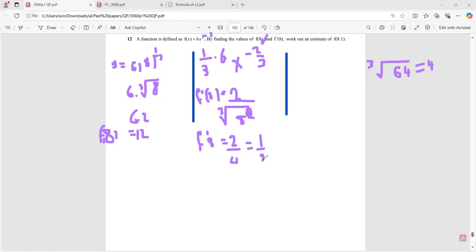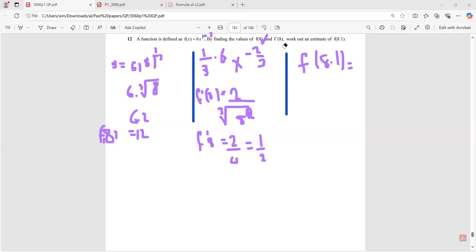And here, he wants us to get f(8.1). So in this function, we're going to say f(8.1) will be equal to, okay, can I erase that?